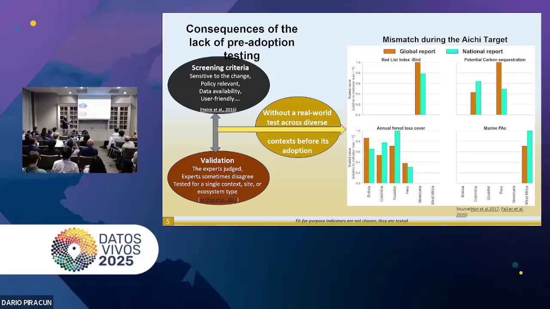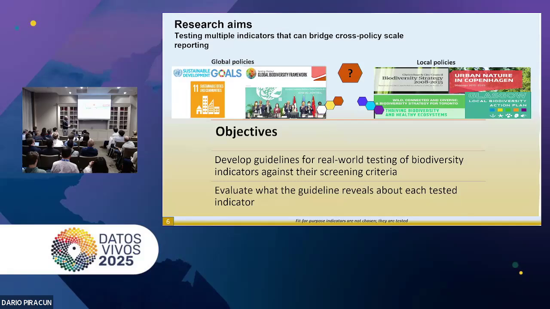Look at how some indicators have mismatched from national reports to global reports; there is a huge gap that we need to fix. This is happening for most common indicators, so we can imagine what it means for emerging and unknown indicators that we want to adopt in the future.